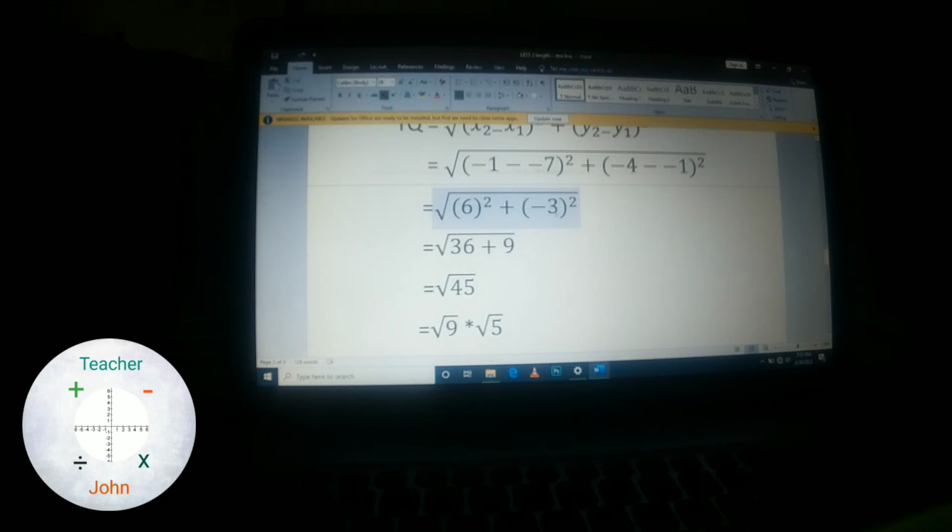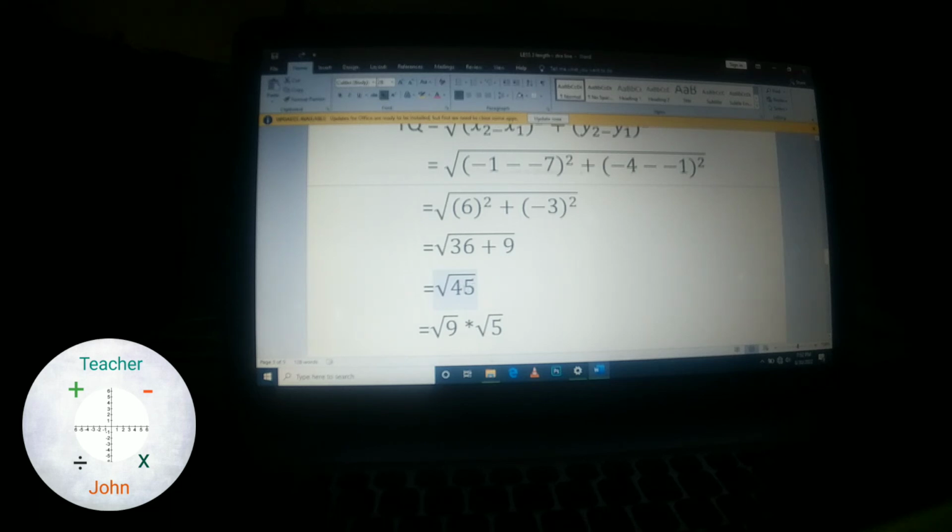Even if you are putting it in the calculator, you put the bracket -3 bracket squared. Now here you get 6 squared, which is 6 times 6, which is 36. And -3 squared, when you put it in the bracket, is the same as 3 squared, which is 9. And the answer you get is 45 when we add.